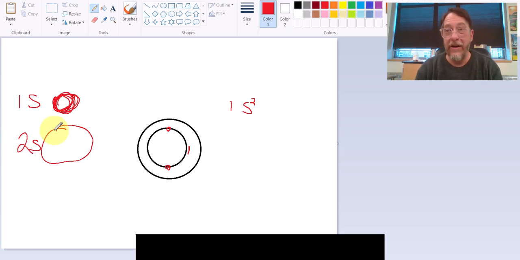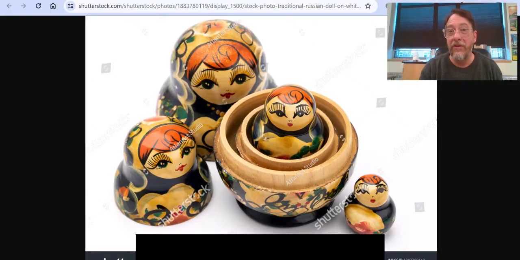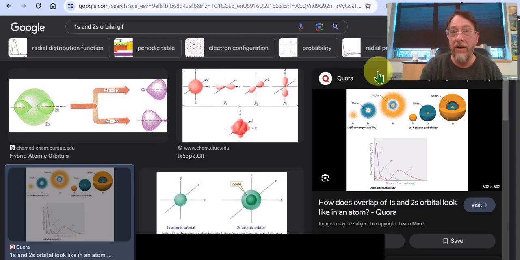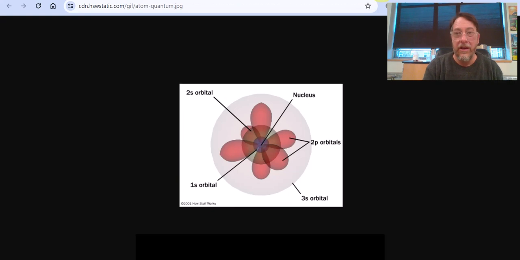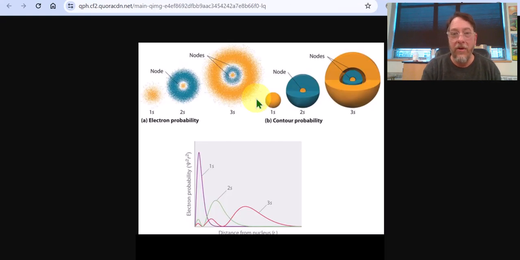Let me get rid of this for a second and show you what I'm talking about. Here we go. So here's the 1s and the 2s, and you can see that there's a neater geometric drawing here.